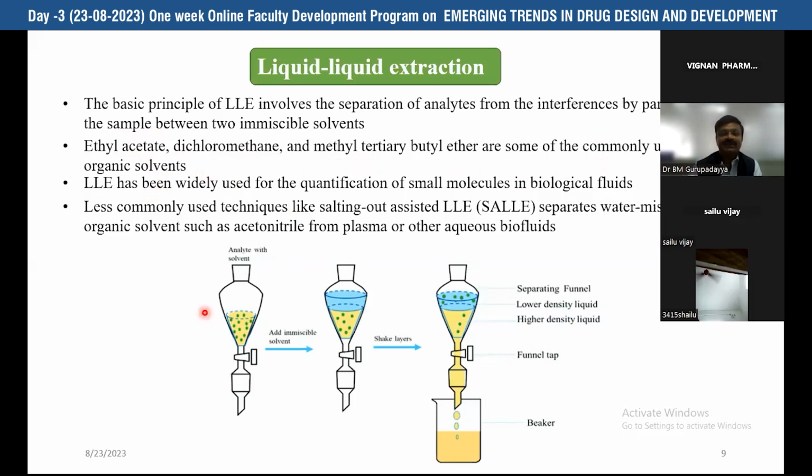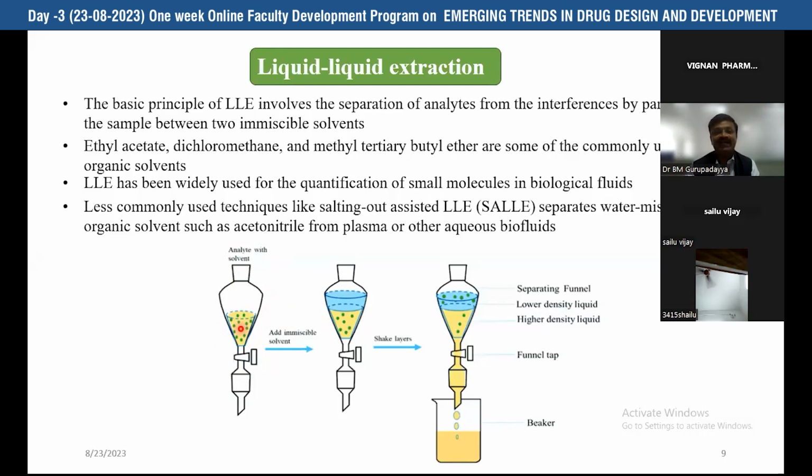These solvents are taken into a separating funnel, and our biological fluid of interest is transferred there. Then we add the non-polar organic solvent into the separating funnel, and it undergoes the liquid extraction.